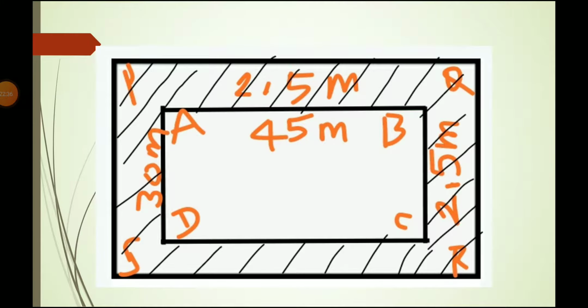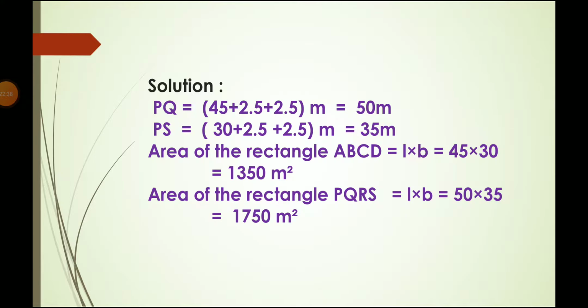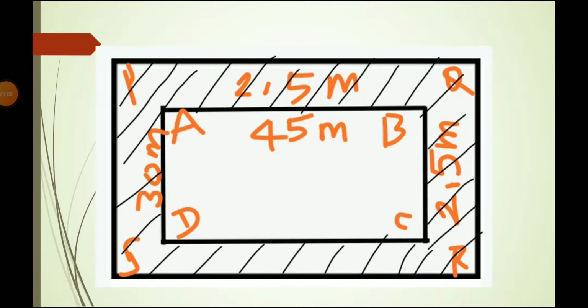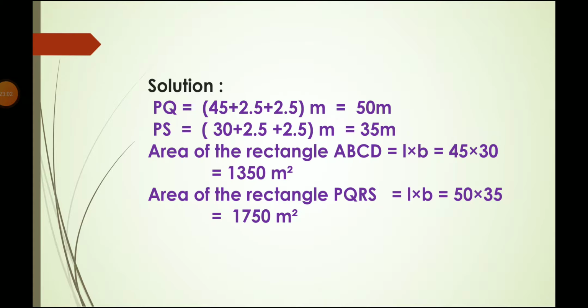To add 45 plus 2.5, because the upper and lower value is 2.5, that's why we should add 2 times 2.5. Here we get 50 meter. Then PS, that is the breadth value, that is 30 meter. Then here also we should add 2.5 plus 2.5 meter.